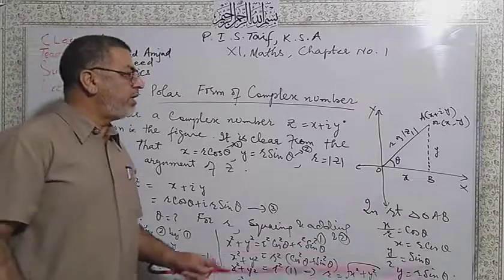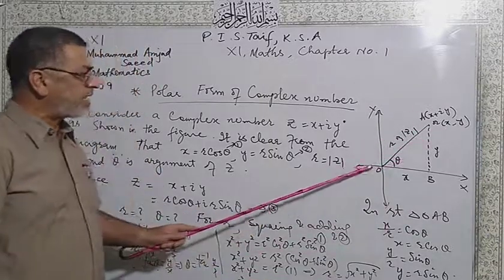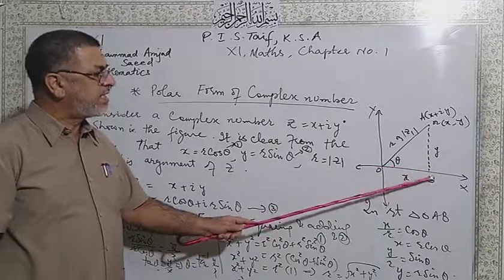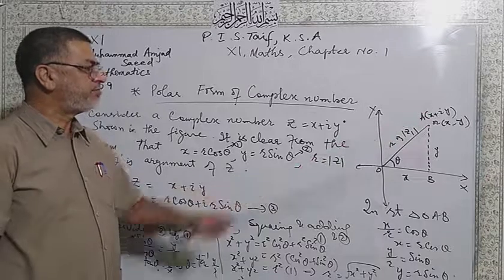Now, as a rule, if you want to move from O to A, you have to move x unit along the x-axis and y unit along the y-axis, then you reach here.